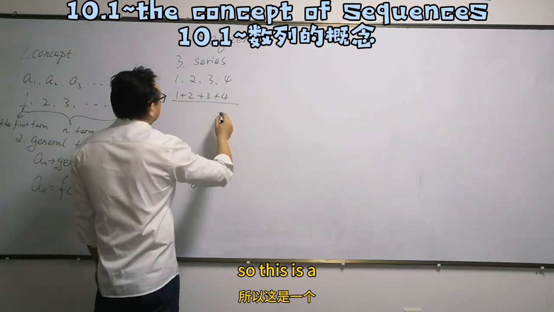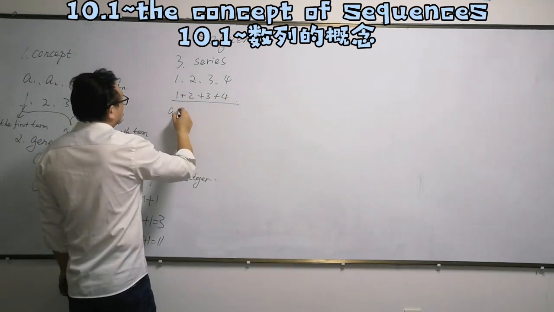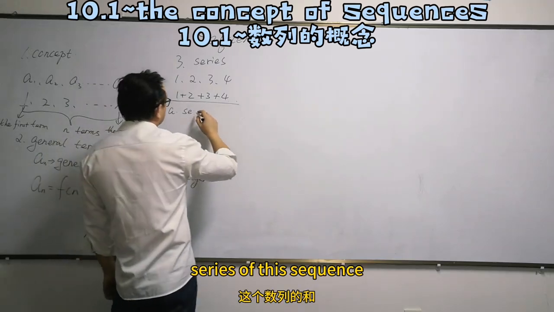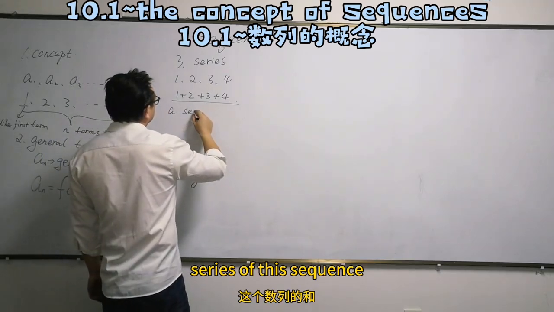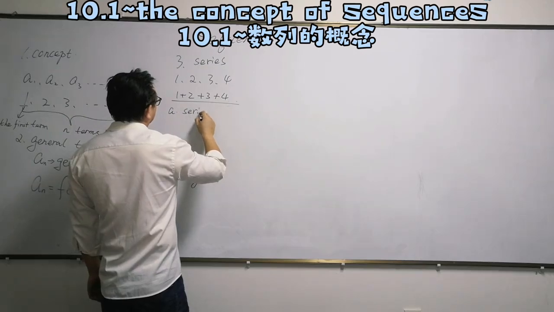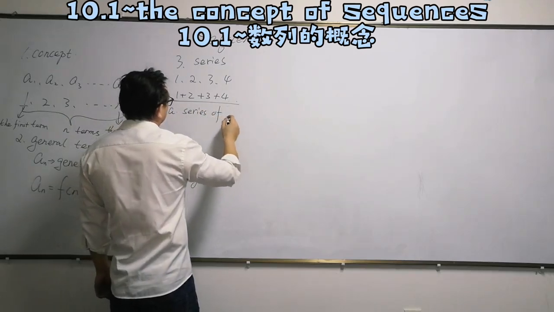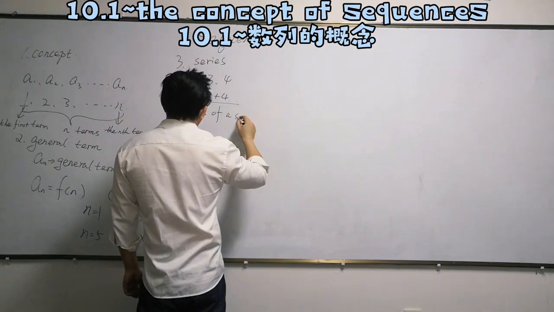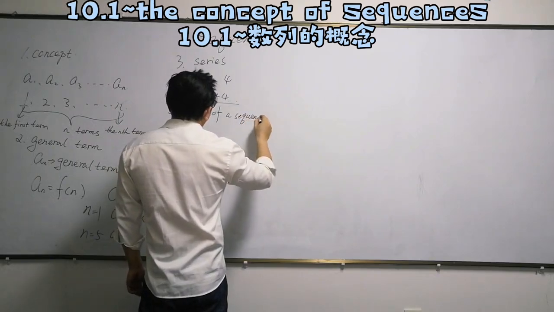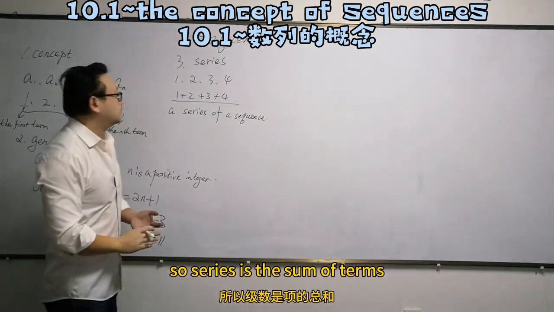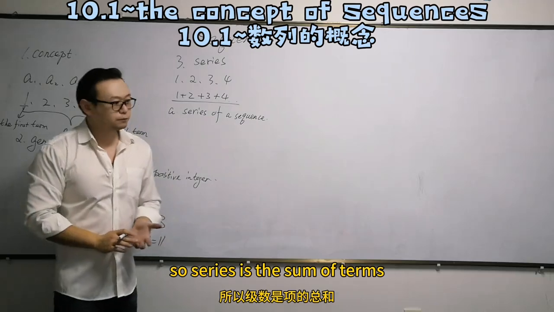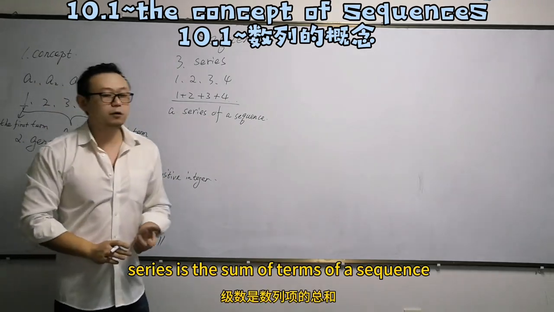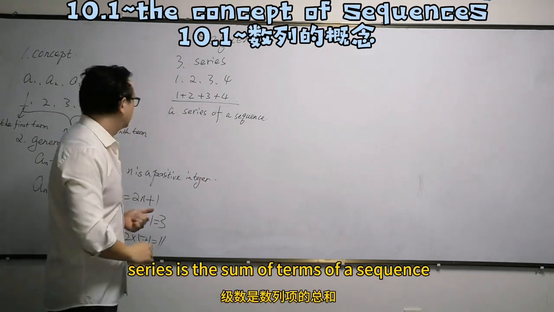So this is a series of this sequence. So series is the sum of terms of a sequence.